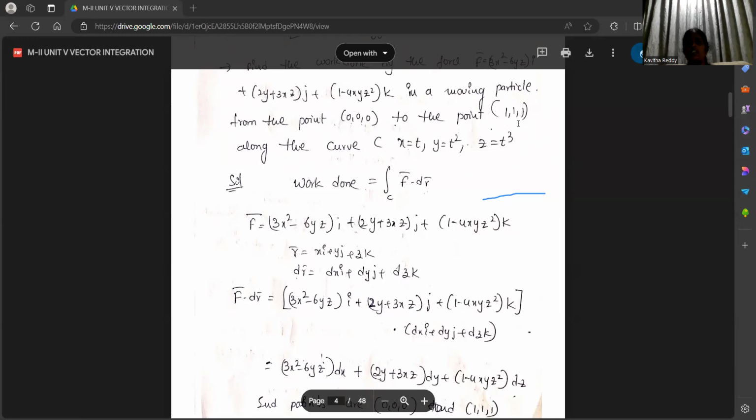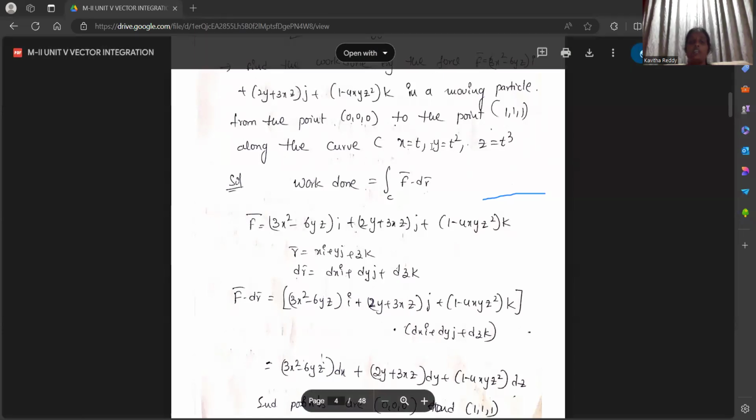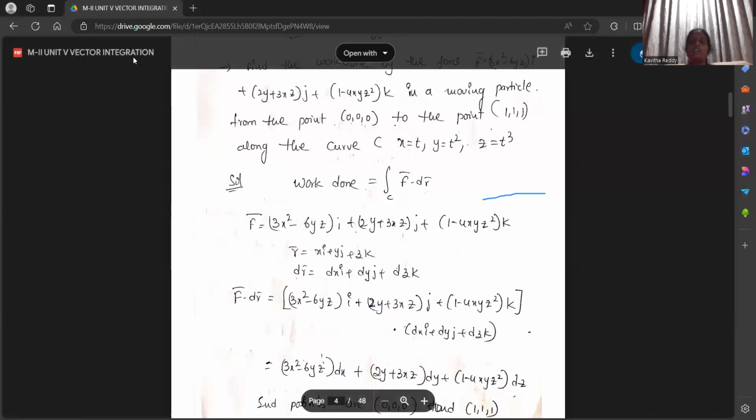It is a line integral, so you need to integrate with respect to a single variable, not all three. Here x equals t, y equals t², and z equals t³.